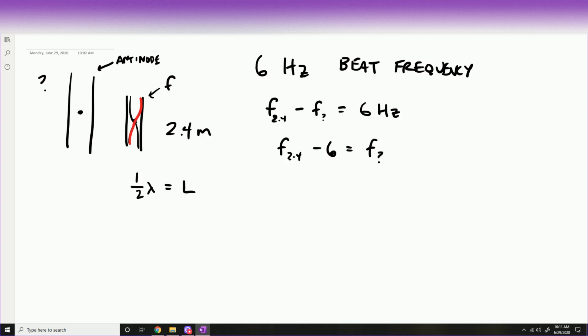So this equation right here has wavelength. What we're going to need to do is use the wave speed equation to substitute to figure out what frequency is. So this equation says that the speed of a wave, in this case a sound wave, is equal to the wavelength of the wave times the frequency of the wave. Well, I have wavelength here, and I want to substitute that out because I don't really care about the wavelength at this point.